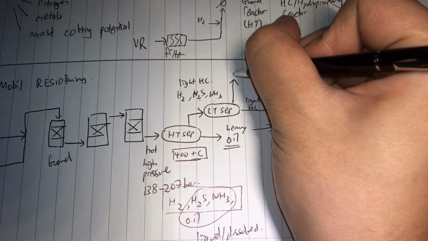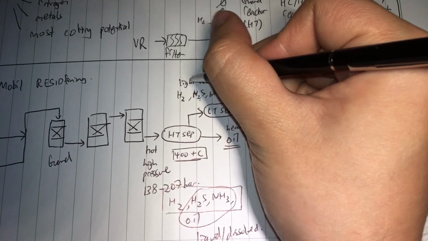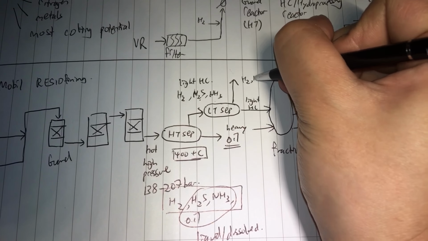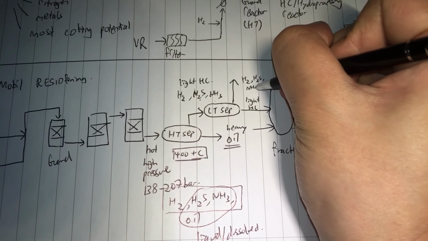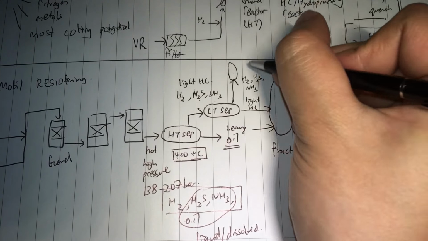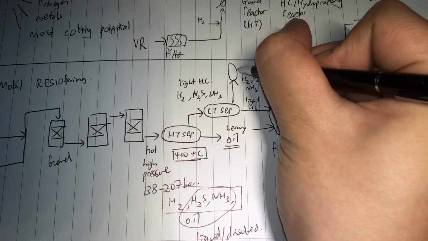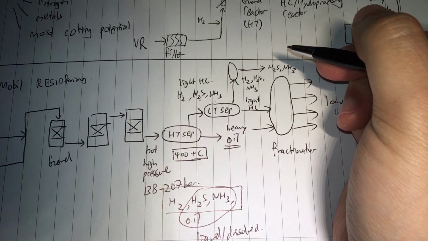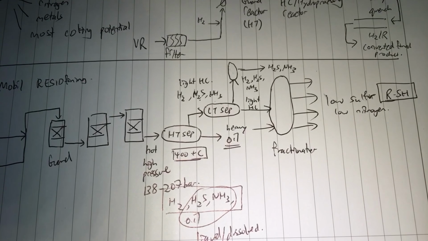Okay, so this stream here is light hydrocarbon. Whatever comes out the top will be a mixture of hydrogen sulfide and ammonia. So yet another separator. This time it's called a stripper, where the hydrogen sulfide and ammonia are stripped, either using water or using an amine.